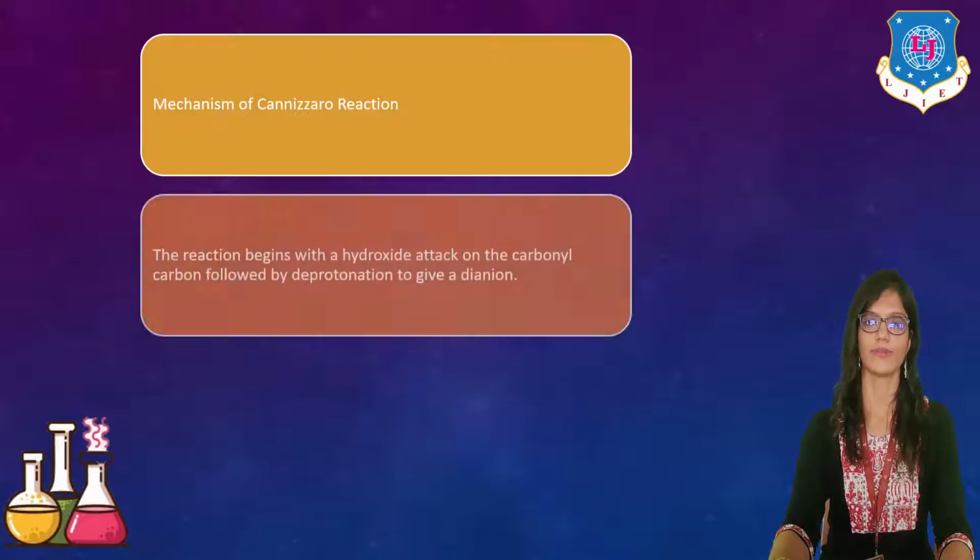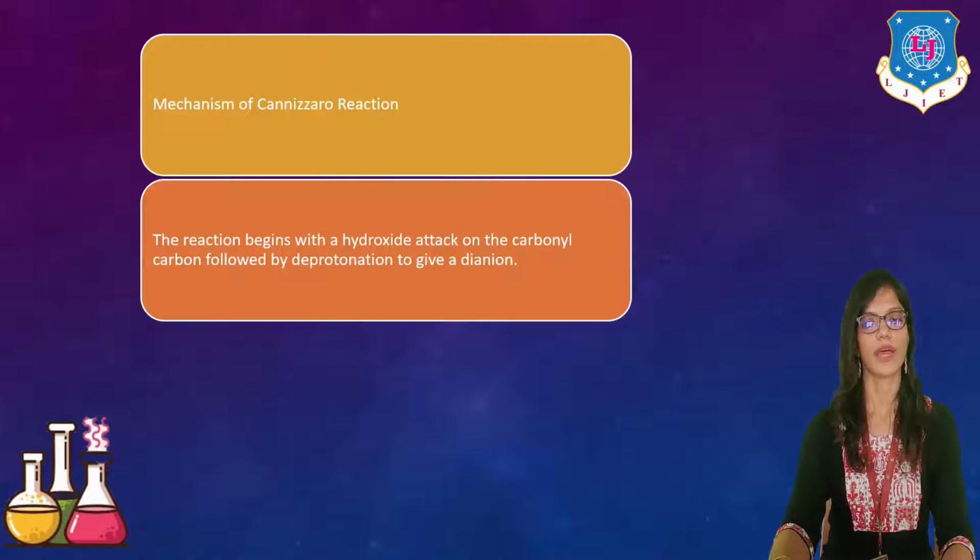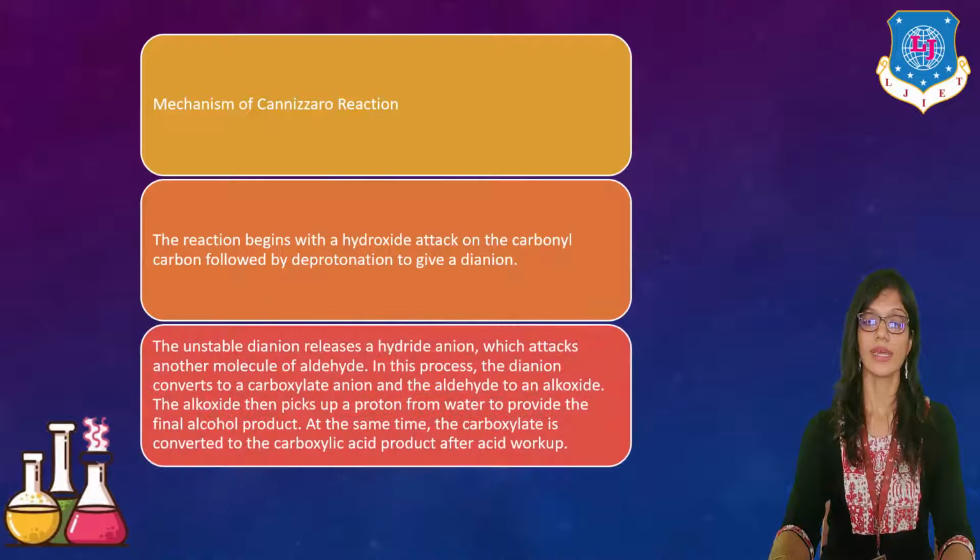Now let's see the mechanism of the Cannizzaro reaction. The reaction begins with hydroxide attack on the carbonyl carbon, followed by deprotonation to give a dianion. The unstable dianion releases a hydride anion, which attacks another molecule of aldehyde. In this process, the dianion converts to a carboxylate anion and the aldehyde to an alkoxide.